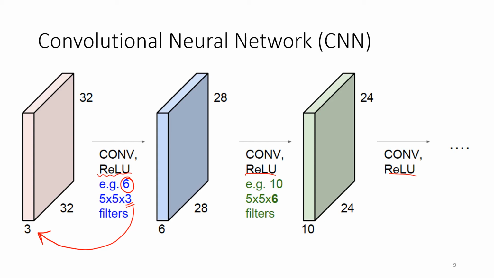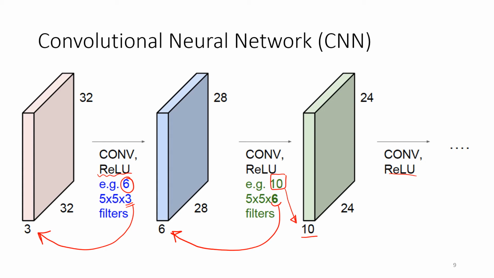Let's see the next layer. For the next layer, we have 10 filters or kernels of size 5 by 5 by 6, and this 6 comes from the depth of the input. And again, what we get as the output of this layer is 24 by 24 by 10 activation maps. The reason we have 10 here is that we simply had 10 filters, and this 10 is just a design choice.